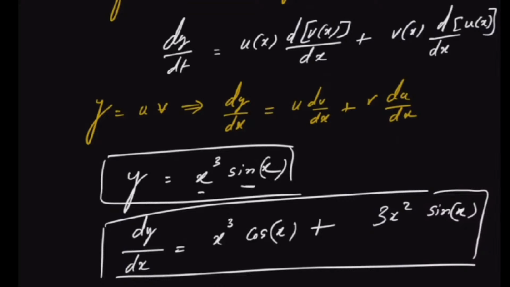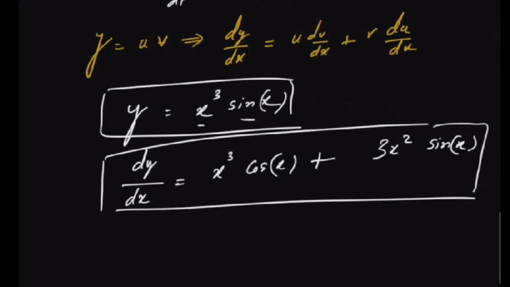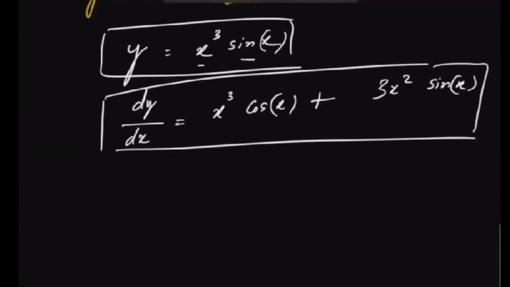Okay, fine. Now based on this product rule, I will derive the derivative of a few more functions. Now what about this function? If y equals tan x, how to take the derivative of this function?